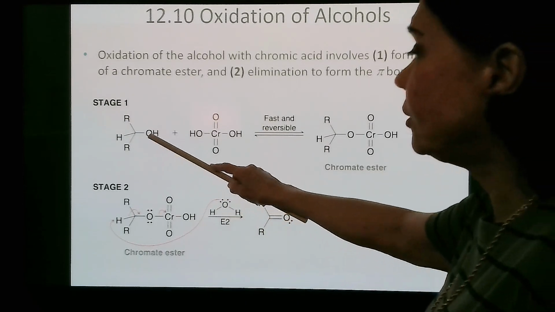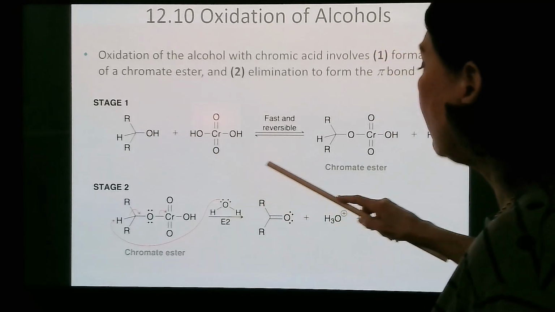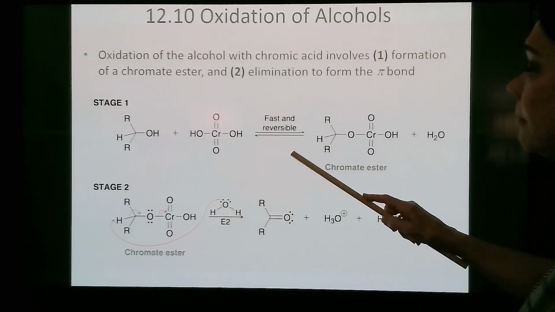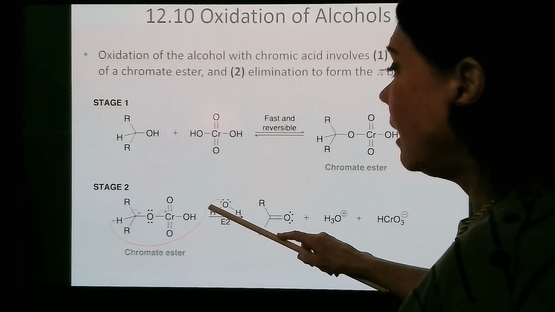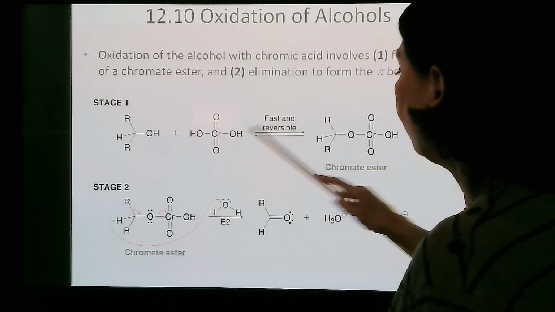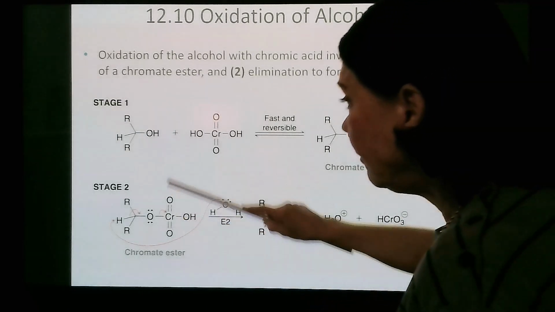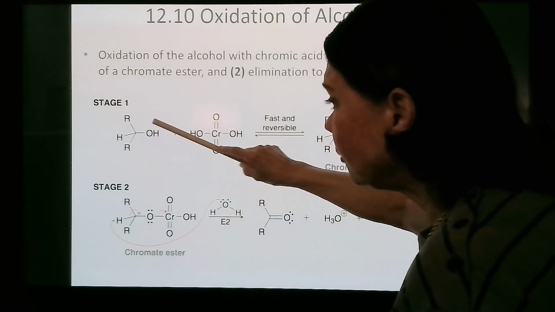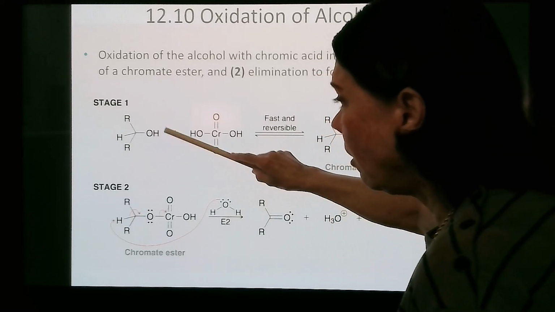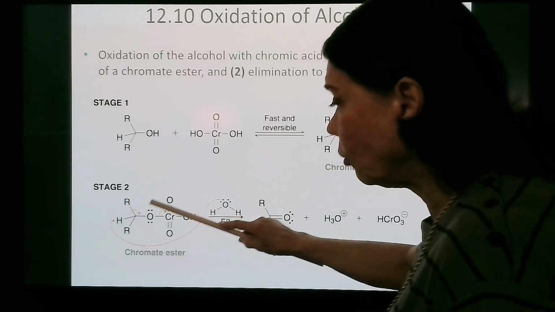It involves 2 steps. Notice here, this is the secondary alcohol. You have the carbon-oxygen bond. And so you're going to have the chromate ester formed here. And then notice once again, as always, you're converting the alcohol, the hydroxyl group, to a better leaving group.